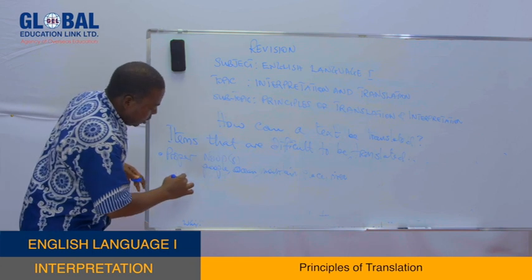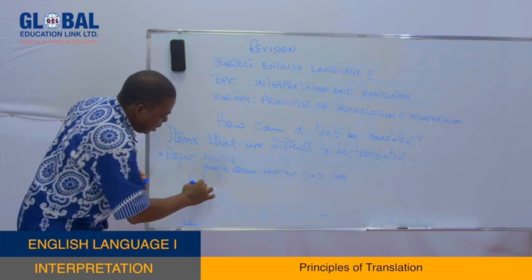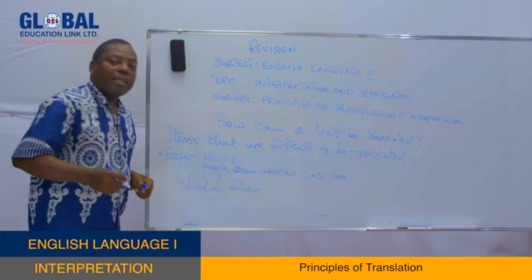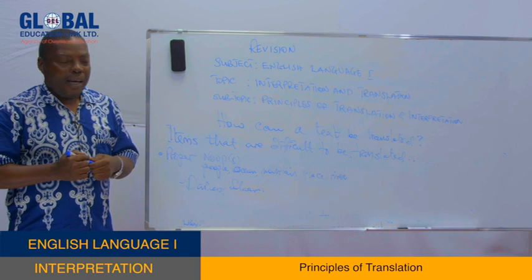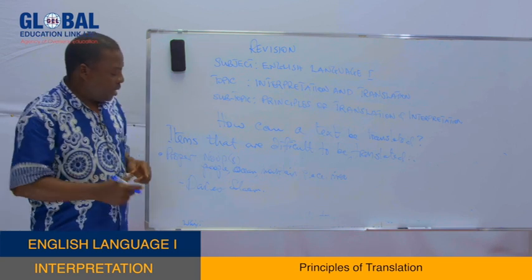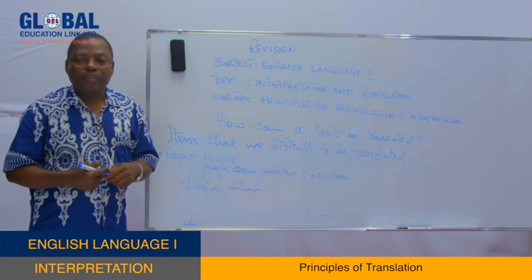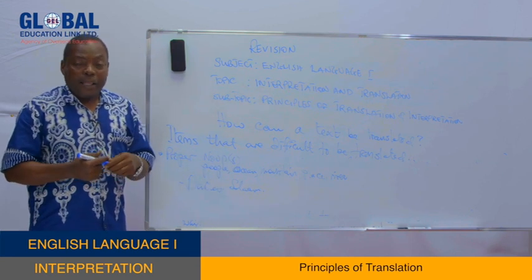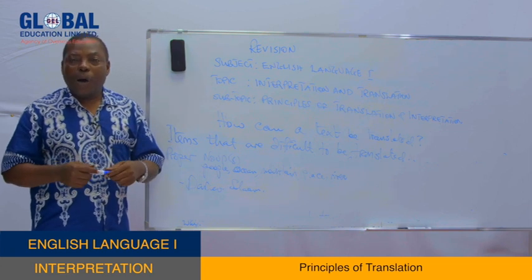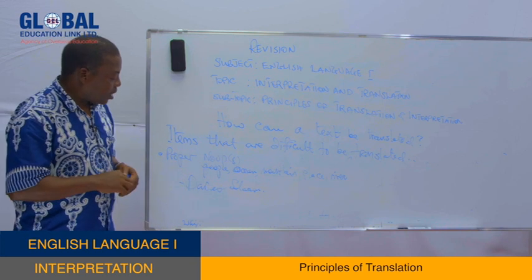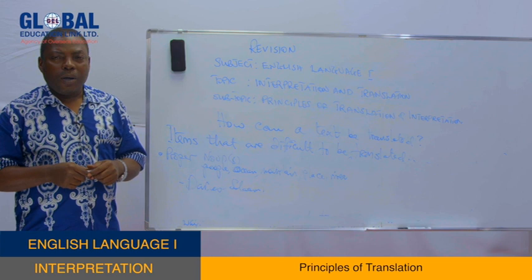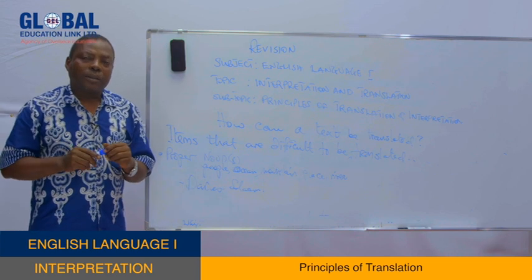For example, you have a name of a place here in Tanzania, Dar es Salaam. And somebody has written a text. Inside it, there is the word Dar es Salaam. And the text is in Kiswahili. Now that you are asked to transform that text from Swahili to English, other words are common.